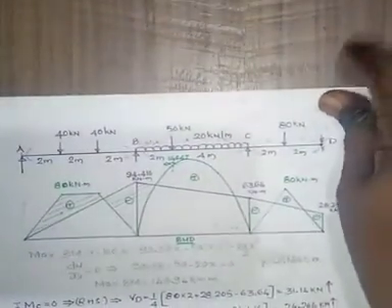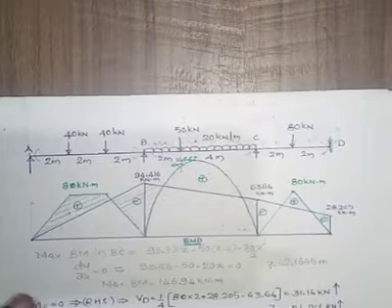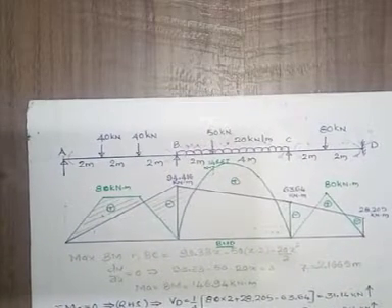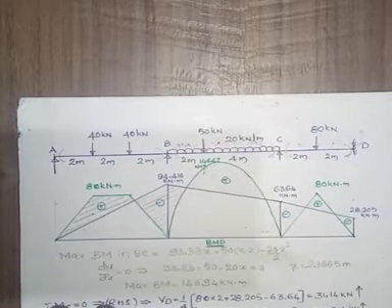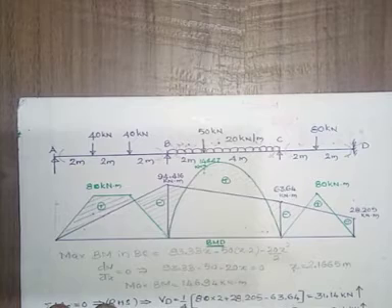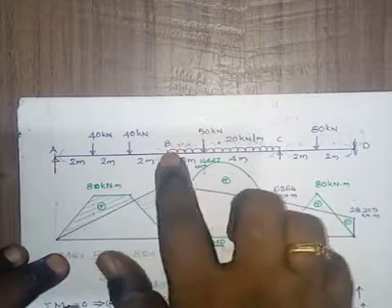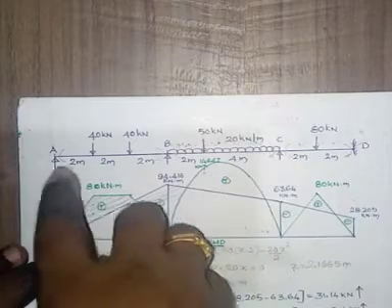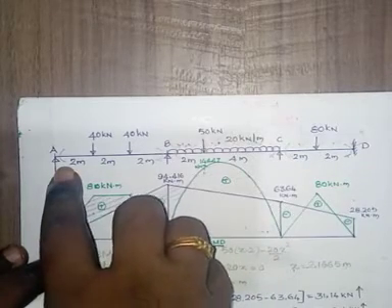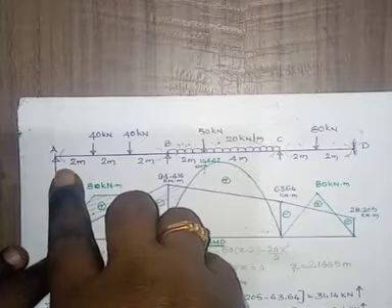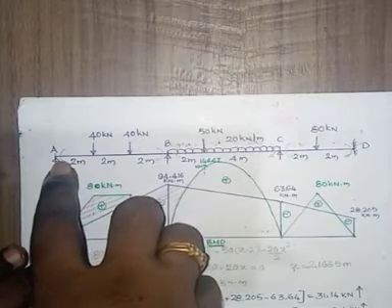Now we want to draw the bending moment diagram. Here this one is your given beam that is subjected to the point loads. Here this one is A, this one is B, this one is C, this one is D. Here you have to show the arrow marks for this one. That is, here the moment is 0.